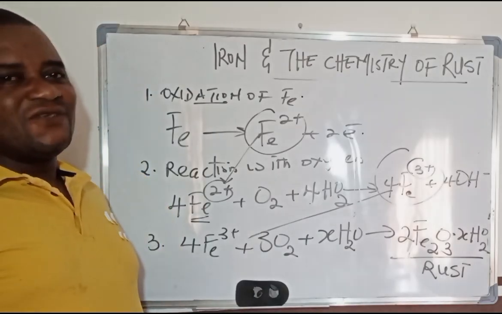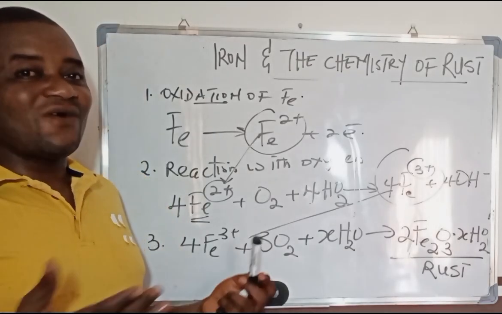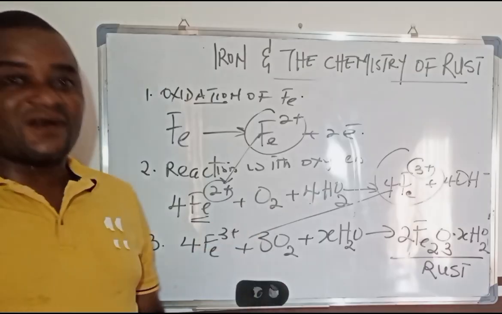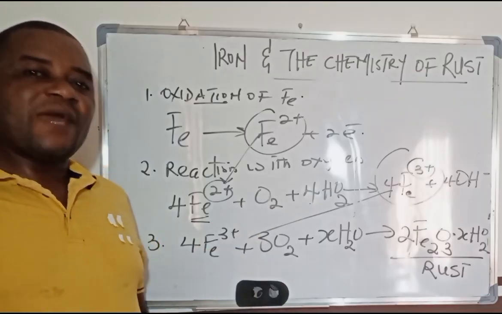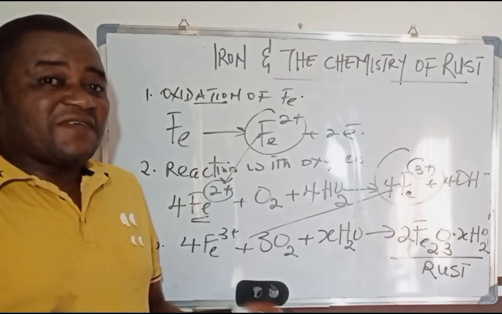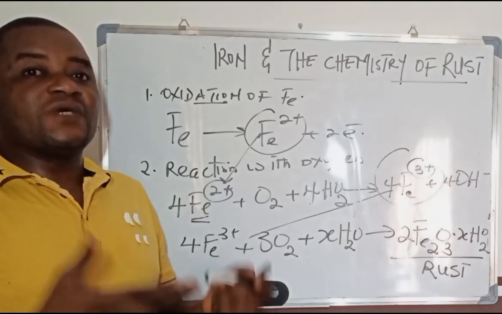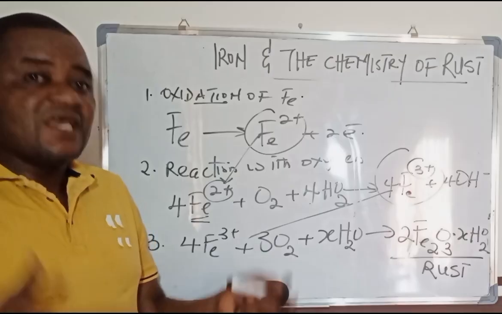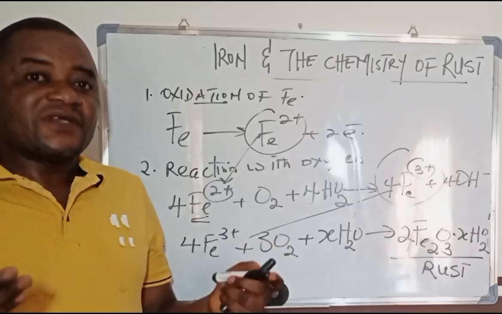Do you know that you can protect your iron, your metals from rust? Once you are able to fight the corrosion to some significant level, you can also be able to eliminate rust, because rust is a product of what? Of corrosion.